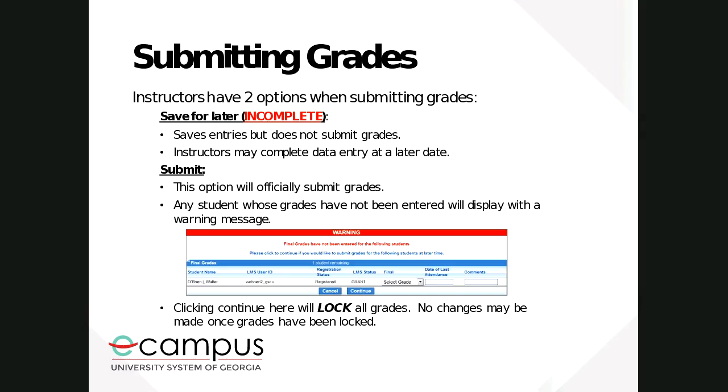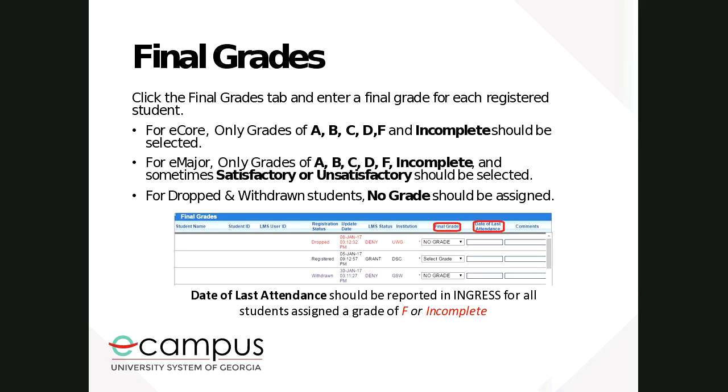Let me go back here. If the student received an F or incomplete, that is where we're going to select this and put in that last date of attendance. And it's very easy to do. It's very easy to navigate. It has a calendar in there. All you've got to do is select it.